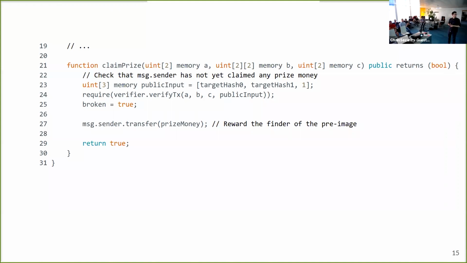And so we call the verify transaction function on the proof and this public input, and we require that it returns true. So, I guess you're all familiar more or less with Solidity. So if this require here fails, the transaction will be reverted, and in particular, the sender will not get any prize money here in line 27. So yeah, not too much changes.